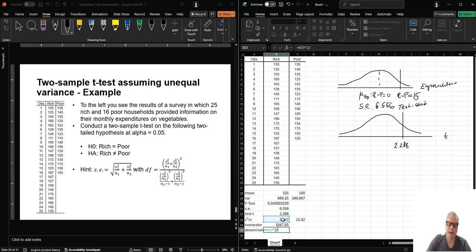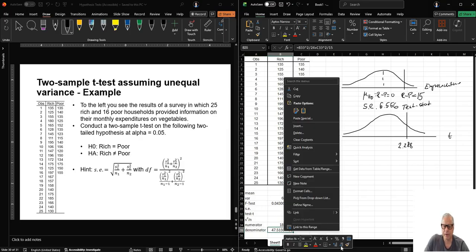And then divided by N1 minus 1, so the degrees of freedom, which for the rich group is 24, plus the 15.42, which is S squared for the second group over the sample size of 16, but squared, and also divided by the degrees of freedom in that group, which is 15. Okay, so now we get 47.